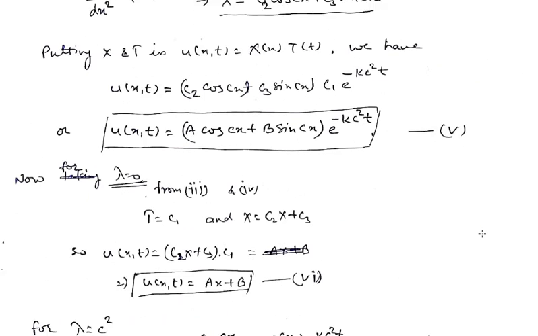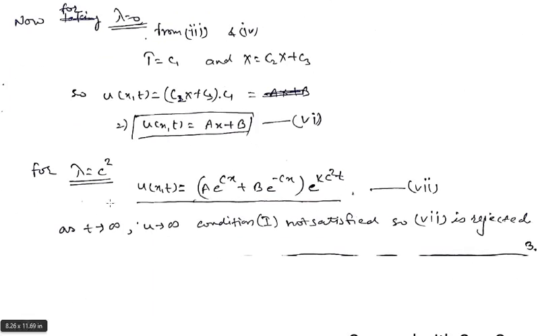So in case of lambda equal to plus c square, the solution will be u(x,t) equal to a exponential cx plus b exponential minus cx into k into exponential kc square t. Here when t tends to infinity, this exponential term tends to infinity, so ultimately u tends to infinity.